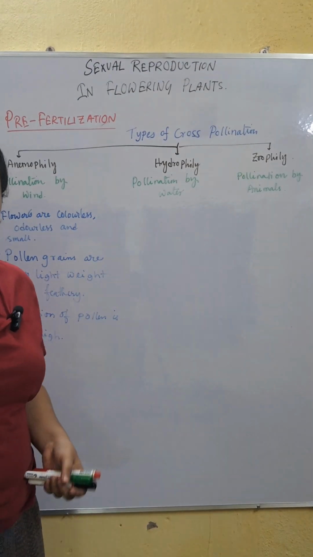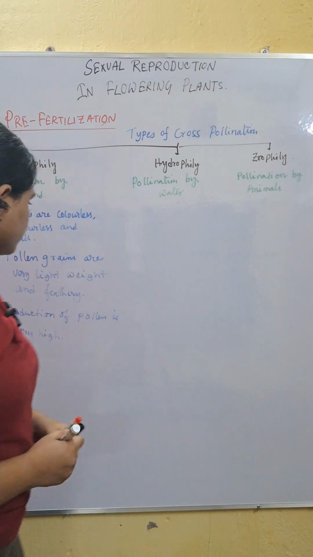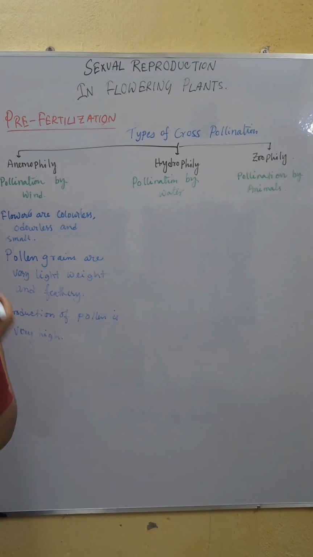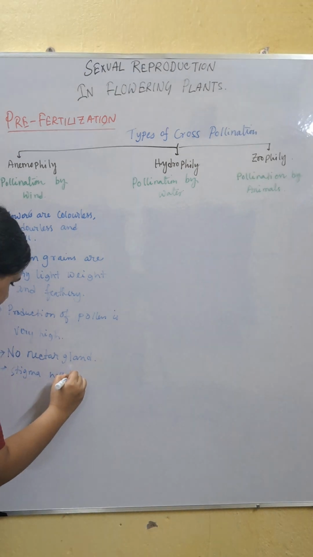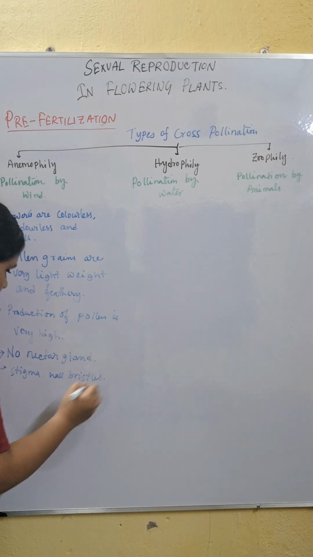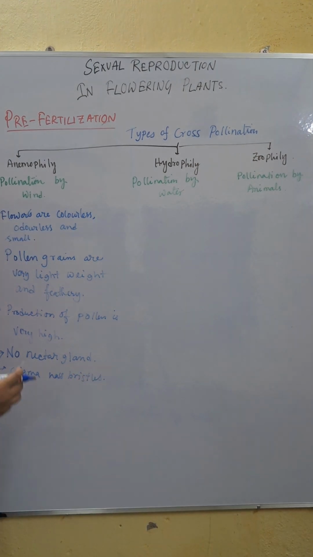So that's why the plant produces a large amount of pollen grains. Another thing, no nectar gland. That's why it is odorless. The stigma has bristles. The stigma has some bristles which will catch the coming pollen grain in the wind current. If any wind current blows over the stigma, the bristles of the stigma will catch that pollen grain.